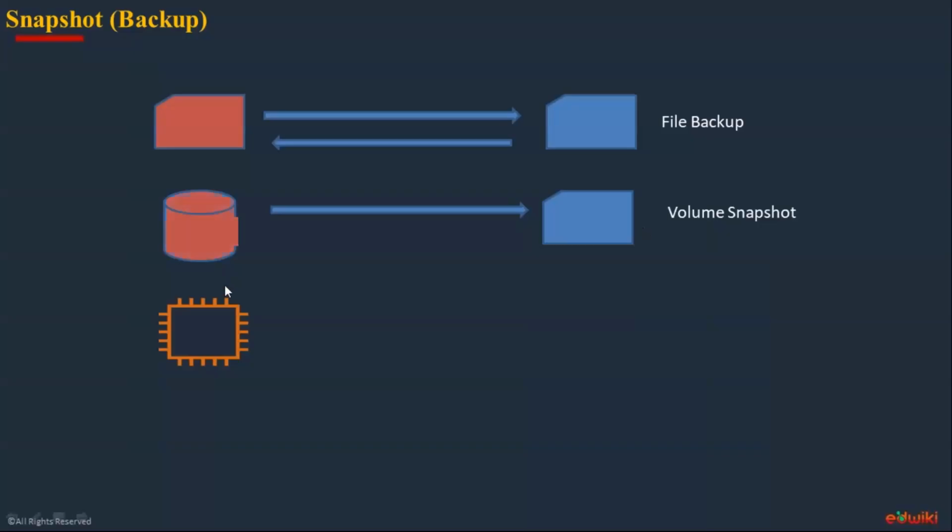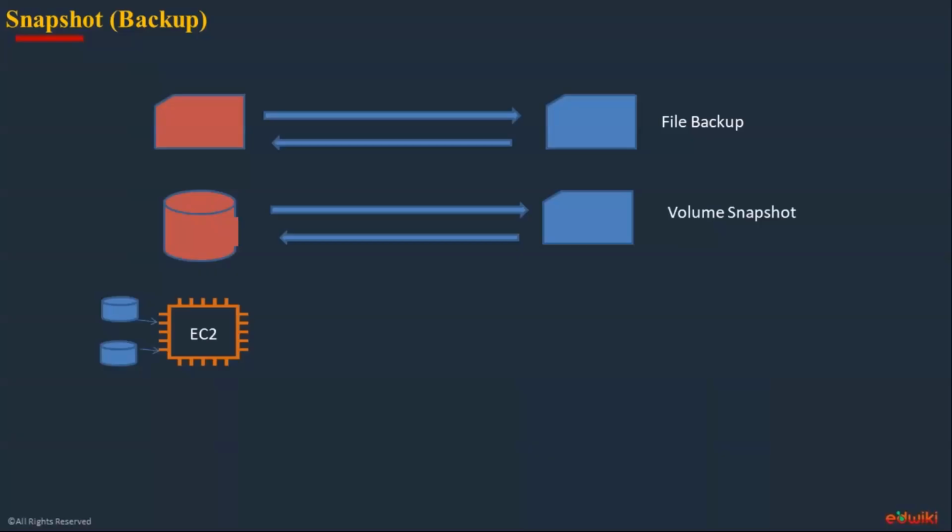If your volume gets corrupted, you delete the volume, then you create a volume using the volume snapshot. Got me? If you create a new volume from the volume snapshot that was taken some time back, can you get the same data into the new volume that I just created? Definitely, because the volume is actually created from the snapshot which was taken as a backup some time back. Are we good with this?